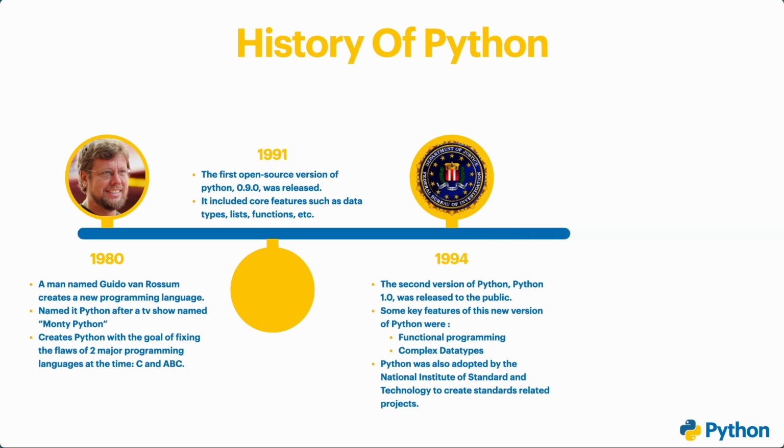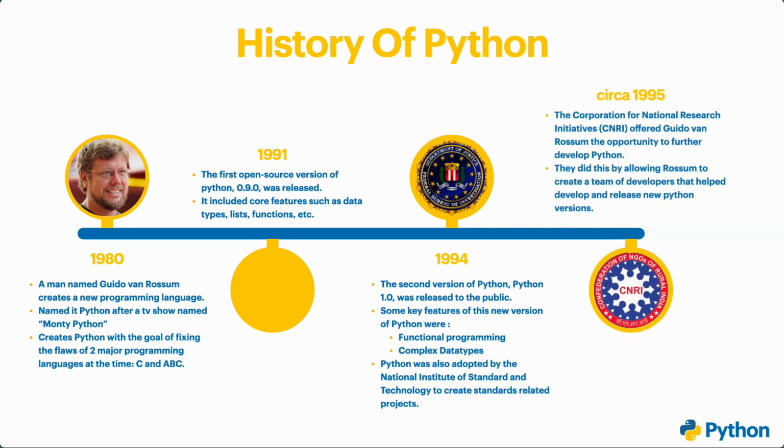Now, just around 1994 to 1995, Python was presented with another opportunity to expand its wings, I guess, to grow its user base. And this opportunity came in the form of the Corporation for National Research Initiatives, or CNRI.